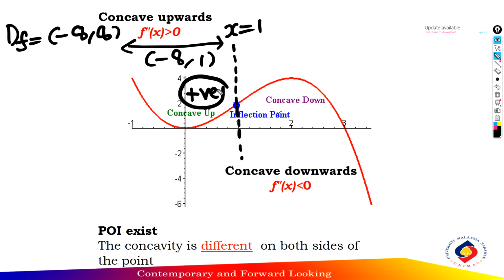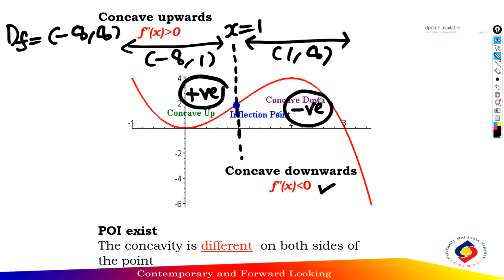And the second interval is between 1 and positive infinity. The graph here is concave downwards, and the second derivative here is less than 0, so here you put the negative sign.